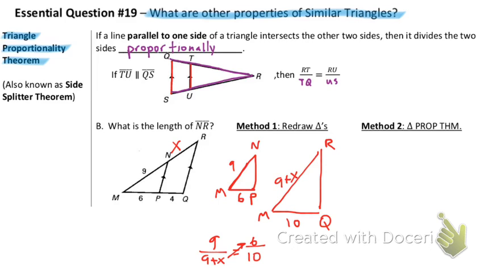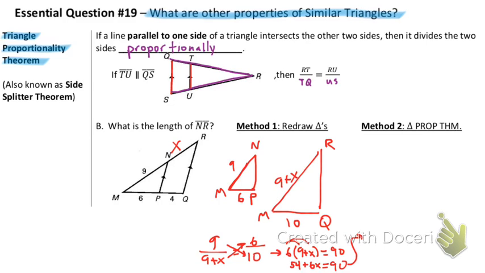So this times this would give me 6 times 9 plus X equal this times this, gives me 90. Then to solve for X, we would distribute, and of course you've done this before, hopefully you remember. 6 times 9 is 54 plus 6X equals 90. And we would continue to solve this out.